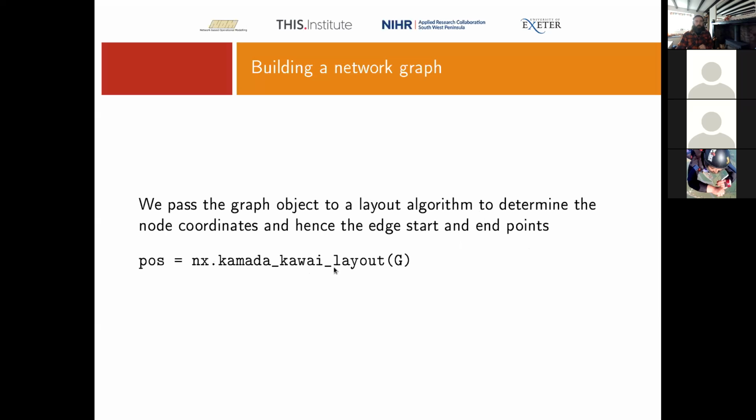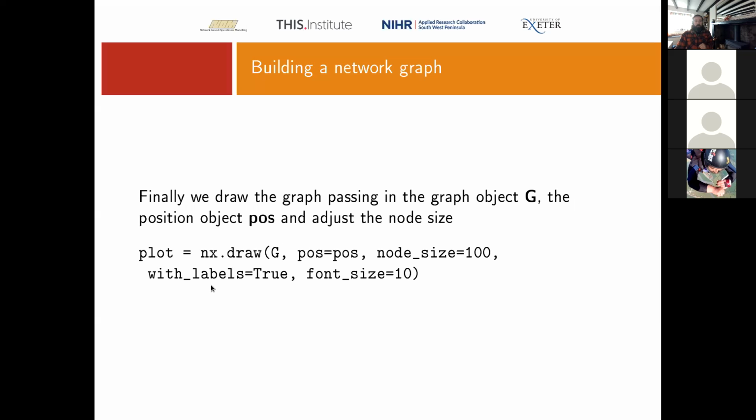That's what it's saving into the pos variable. And finally, we can draw that. We've now got everything that we need. We've got our graph object, which has our nodes and edges in it, and we've determined our positions for our nodes, and hence our edge start and end points.